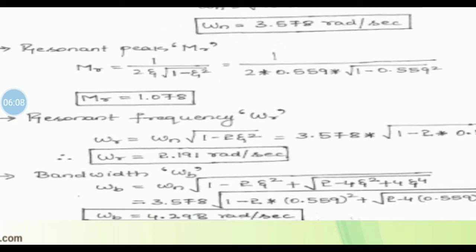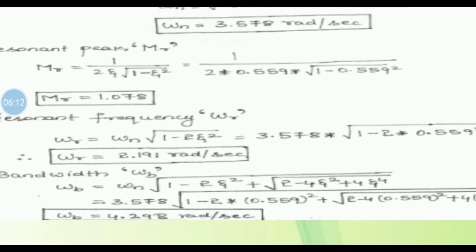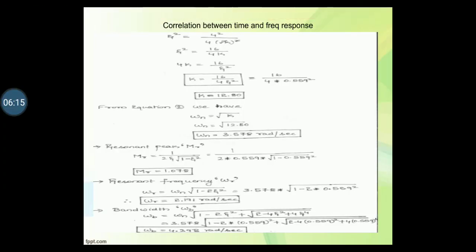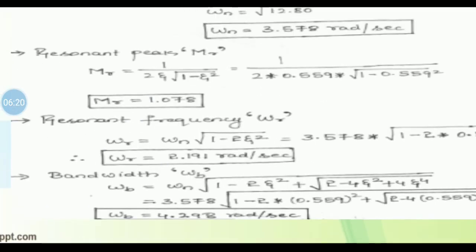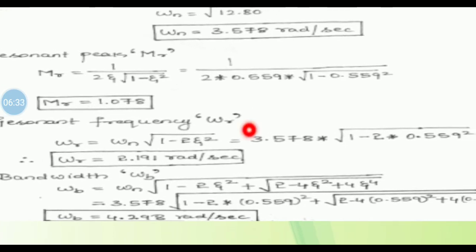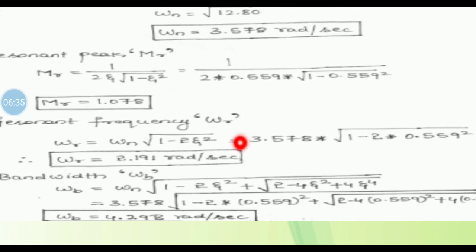Resonant frequency omega R is equal to omega n root of 1 minus 2 damping square. So substitute the values of omega n and damping ratio, and you'll get omega R is equal to 2.191 radians per second.